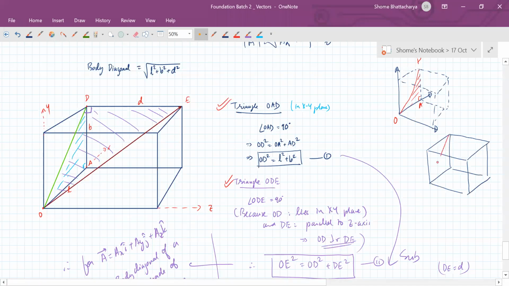this triangle. In this triangle, this angle is 90 degrees.